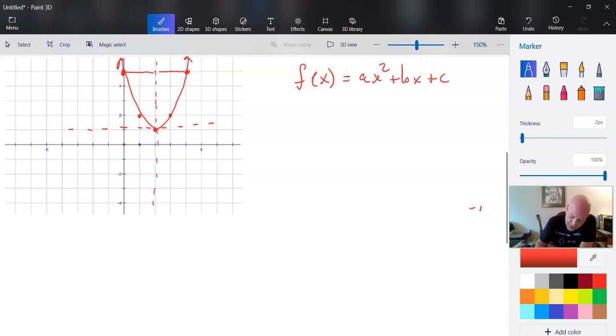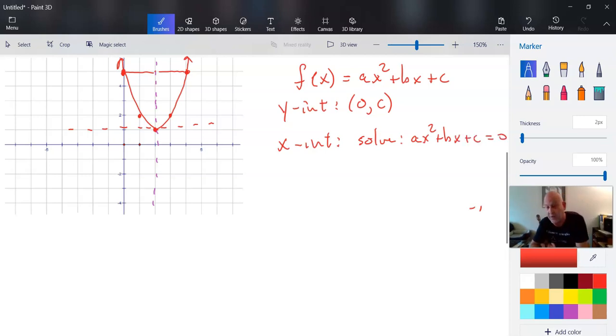First things first, the y-intercept, well, you're looking at it. Whatever c is gives you your y-intercept. It's the point (0, c). Now x-intercepts. Basically, you set it equal to 0 and solve the quadratic formula, right? So if you want the x-intercepts, and I'm not going to say how you do it, you want to solve ax squared plus bx plus c equals 0. So that could be quadratic formula, it could be completing the square, could be factoring, right?